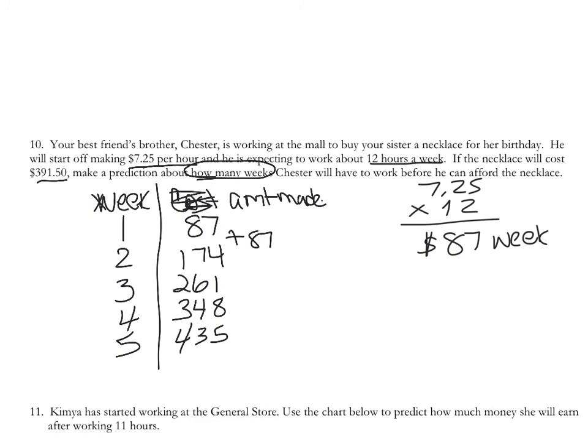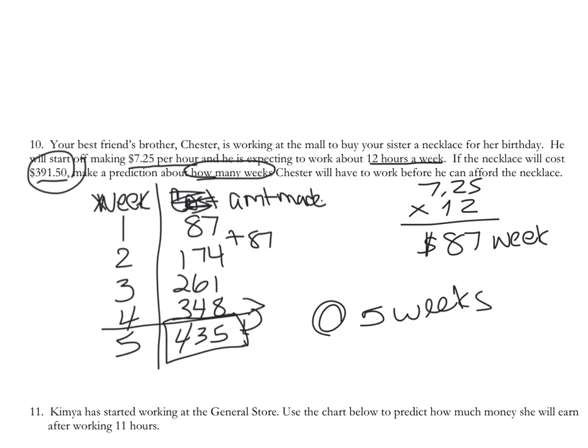Okay, so I'm going to keep on going, but he only needs 391, right? Well, after his paycheck on week 4, he doesn't have quite enough money, right? So he's going to have to go and work another week, and then he'll have plenty. Probably, maybe he'll have enough to pay the tax too. Okay, so I would say about 5 weeks.